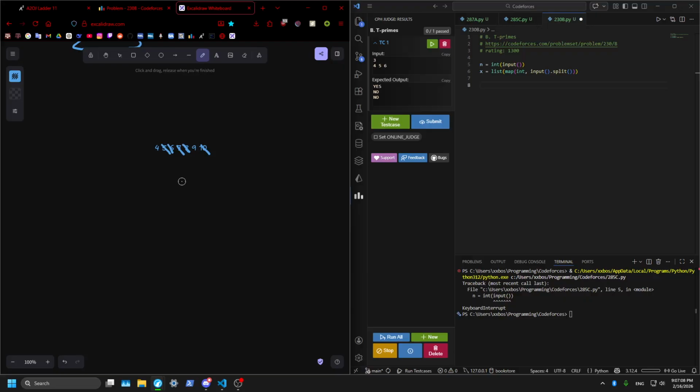Then 12 is 3, 4. 12 is even. Next one, 15 is 3, 5. 1, 3, 5, 15. So that doesn't work. Would 4 have one?